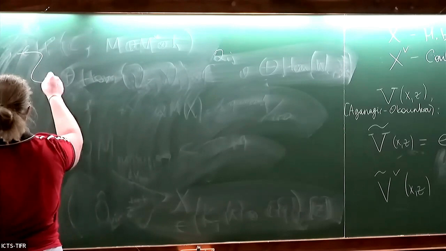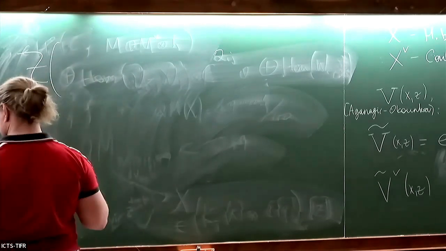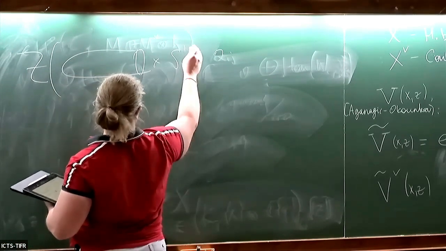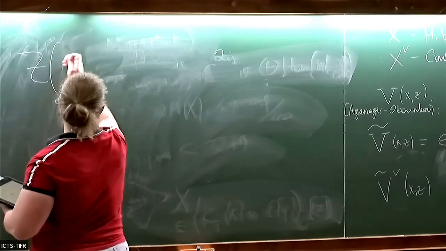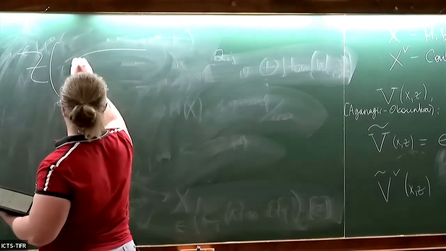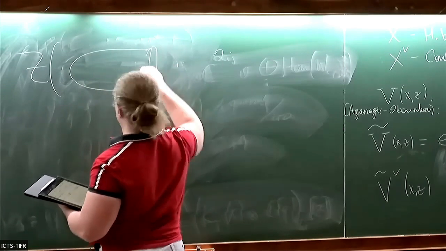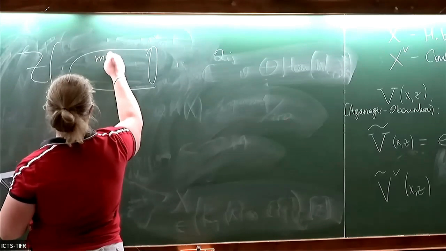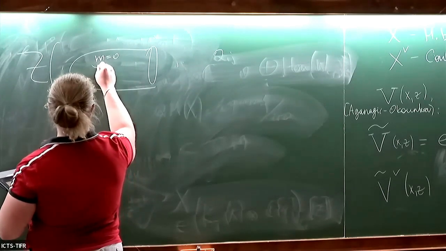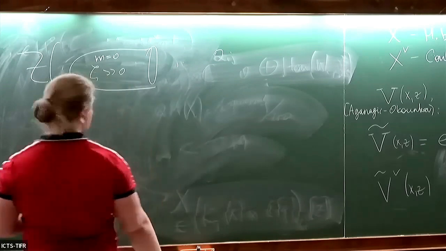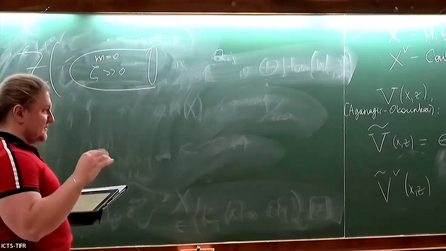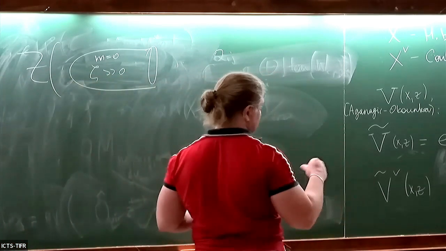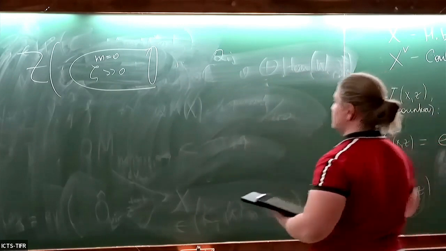So I consider this partition function on the cigar. Well, it's always times S1, but for simplicity, I will suppress S1. I'll just draw the cigar. And let's say that the mass is 0 here, but the phi parameter is non-zero and very large. So in this regime, the theory is in the Higgs phase. At low energies, it looks like a sigma model into the Higgs branch, roughly.